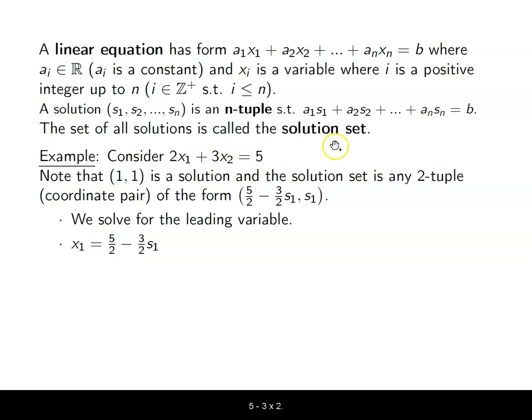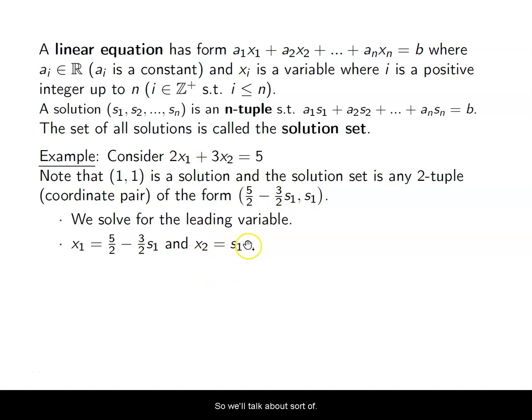5 minus 3x2, and then I divide by 2 will give me 5/2 minus 3/2, and I change x2 to be s1. I'm turning it into one of these things. So the free variable is this last value, and then I'm adjusting the first variable based on whatever I choose for the second.